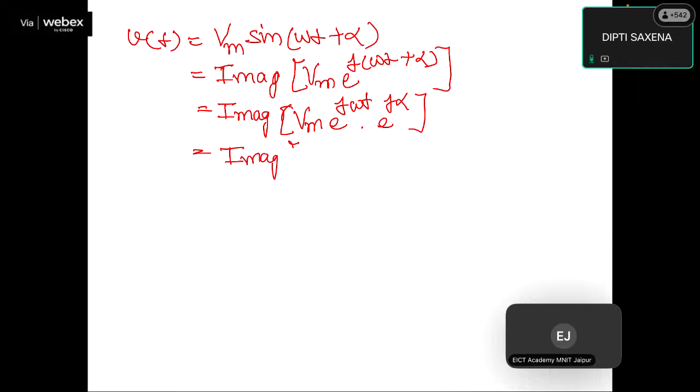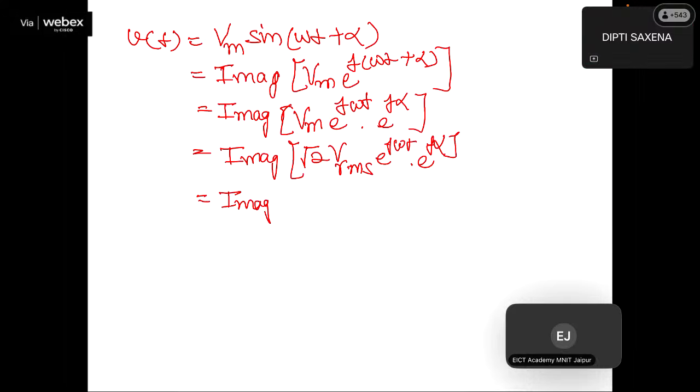Now we all know the maximum voltage is equal to root 2 Vrms, so this is the imaginary part of root 2 Vrms into e raised to the power j alpha into e raised to the power j omega t.